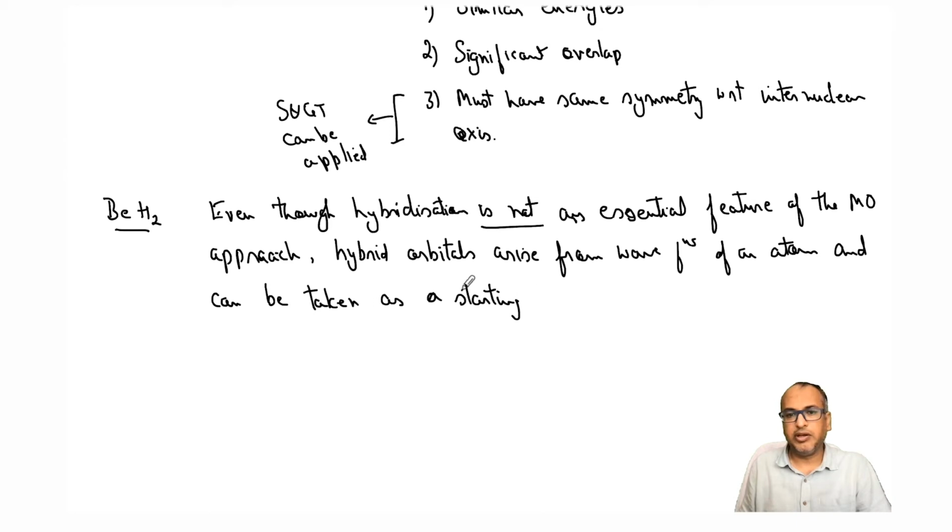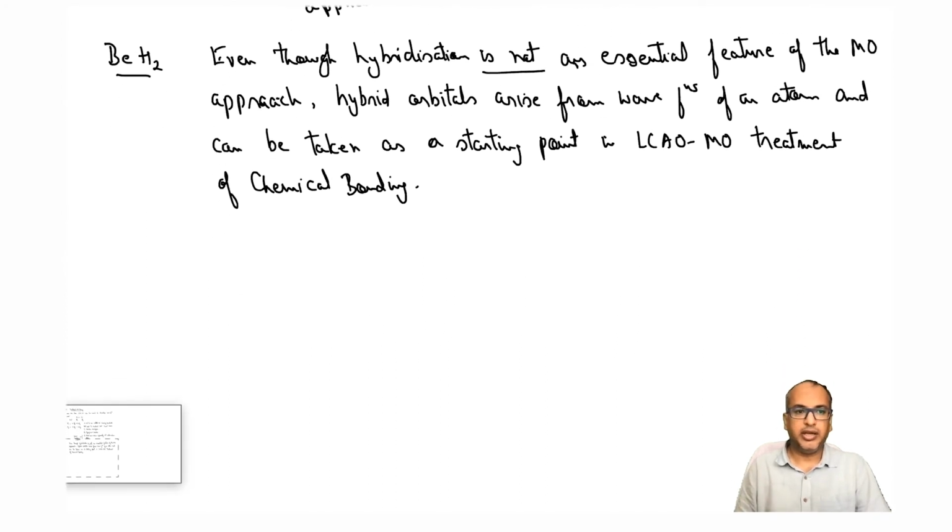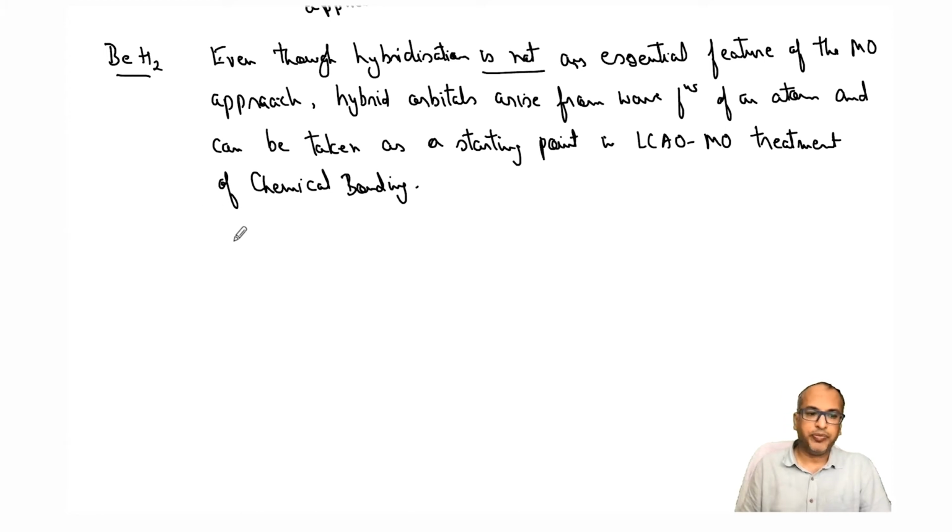And we will see that if we take hybrid orbitals as the starting point, the bonding description is easier than if we take the atomic orbitals, as the starting point in the linear combination of atomic orbitals MO treatment of chemical bonding. See, this is not required, but if we take the hybridization here, it makes our life a little easier.